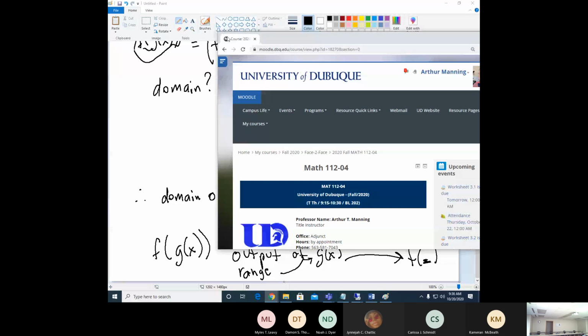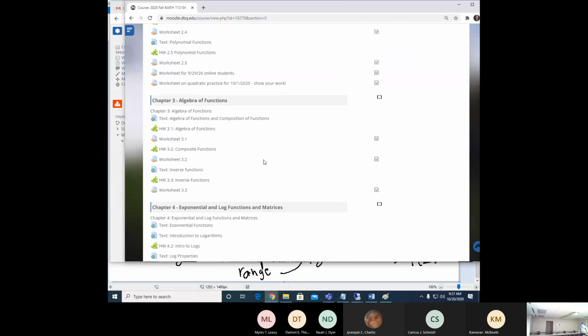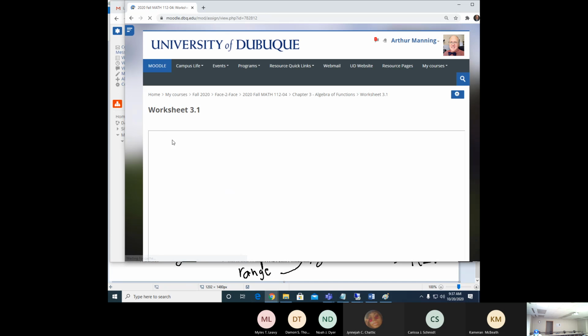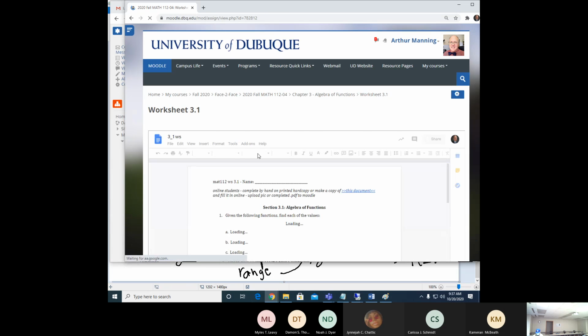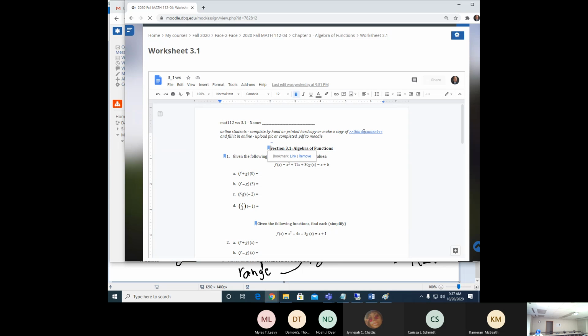If I go online, down to worksheet number 3.1, those of you online, you can download that and print it, or open it and print it, but you can also do this. If you have a decent way of writing with your mouse, you can open the document on this link here, that will take you to the Google Doc.